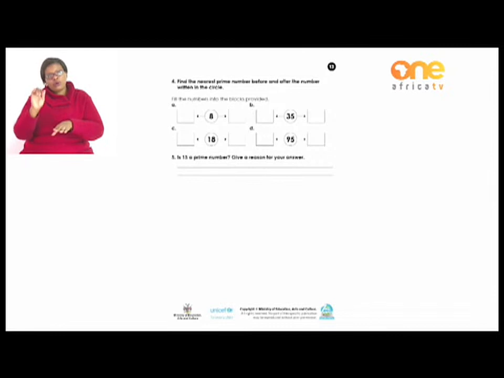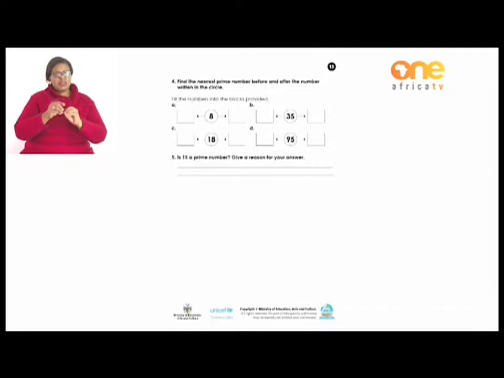So for B, you do for 35, C you do for 18, and then D you do for 95. All right, and lastly, number 5. Is 15 a prime number?